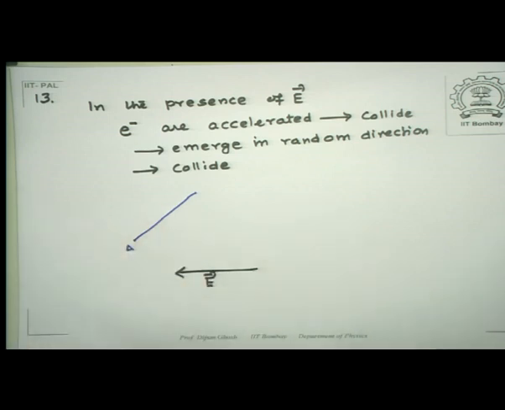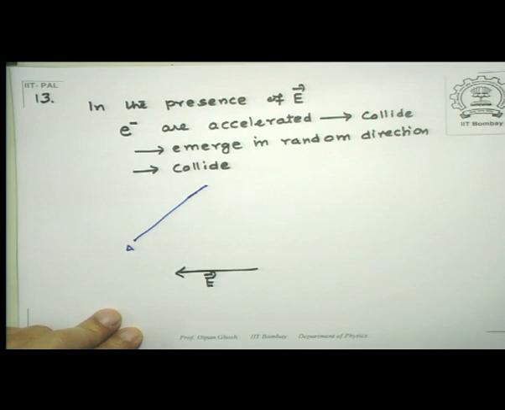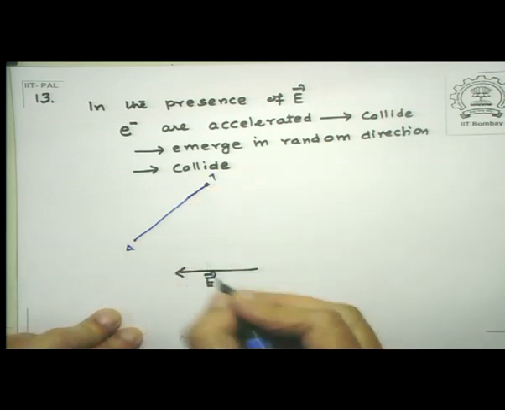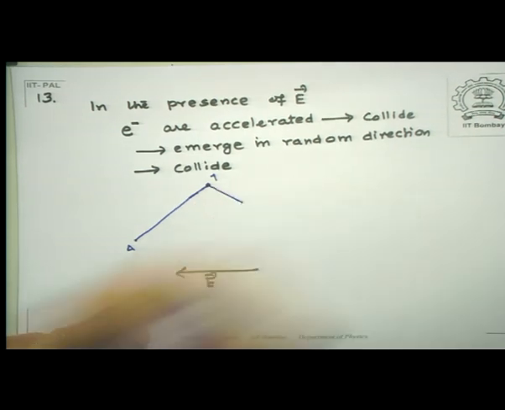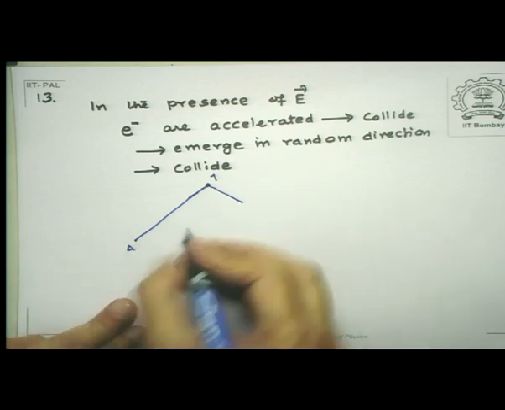Supposing the electron was directed like that and it goes there. This I will just call atom number 1. It collides there and would emerge with its velocity direction changed, though there is not much change in the magnitude of the velocity.